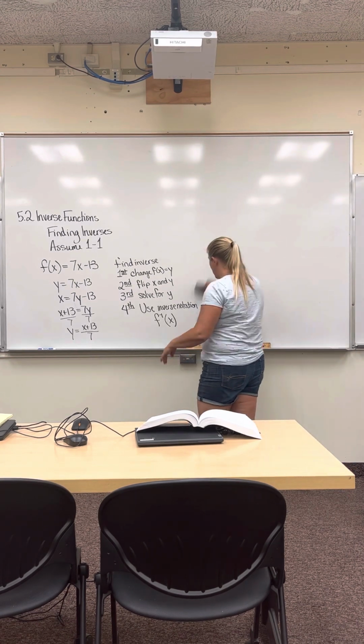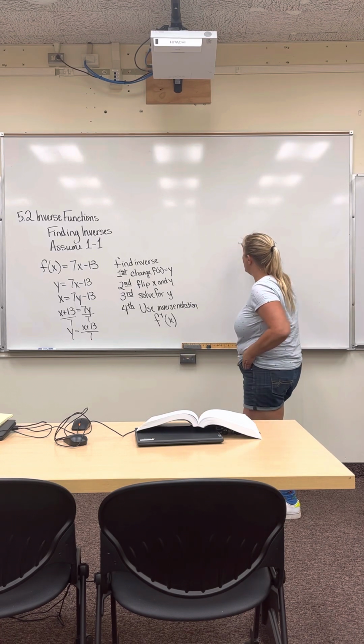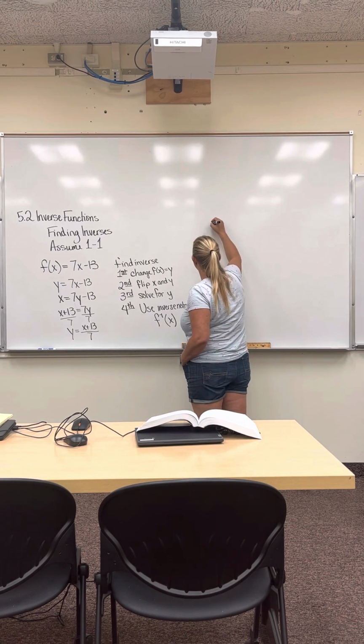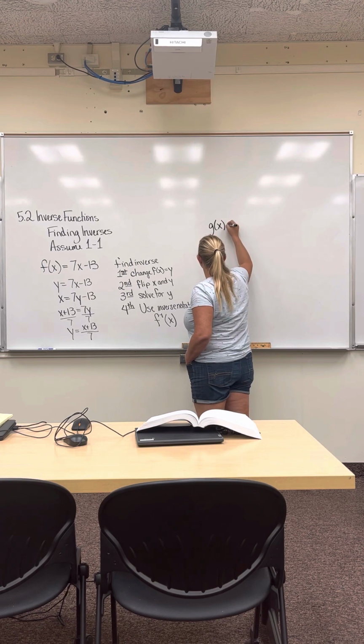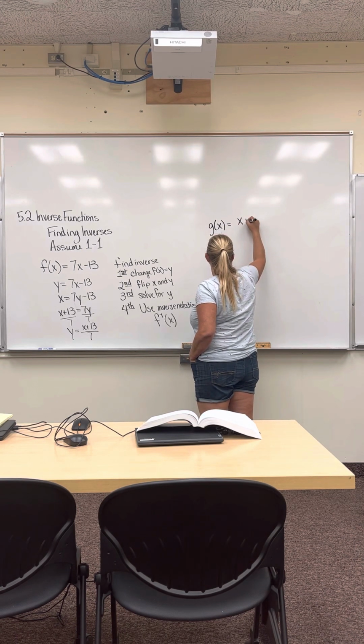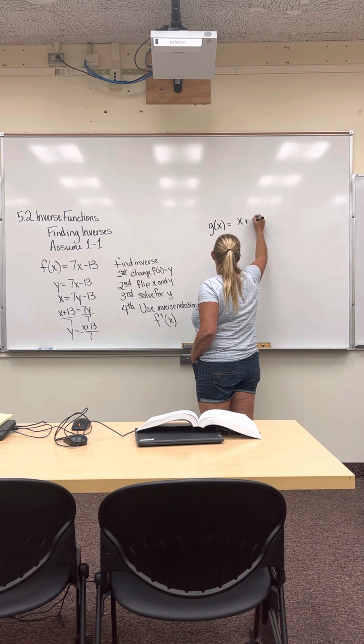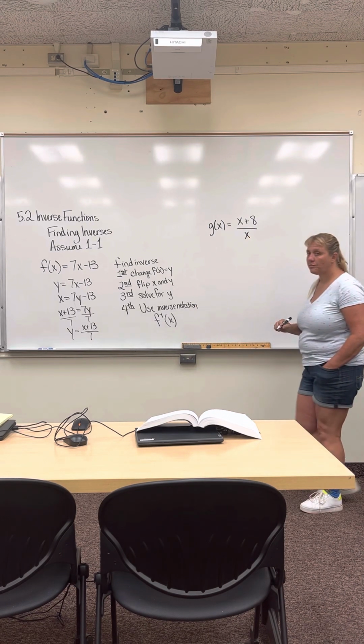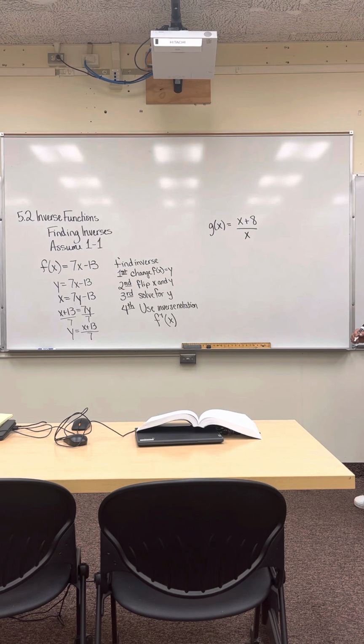So I'm just going to erase that so I have enough space to go over here. So this time, let's say that g of x was equal to x plus 8 over x. So trust me again that it is one-to-one. Okay, we can find the inverse here.